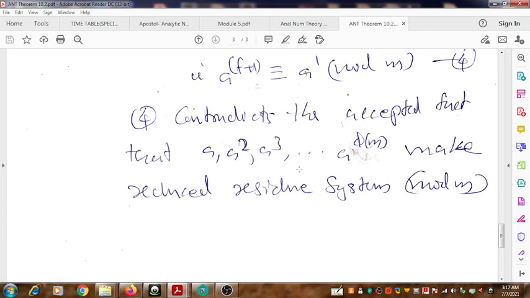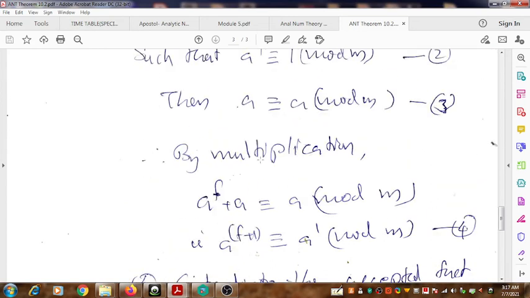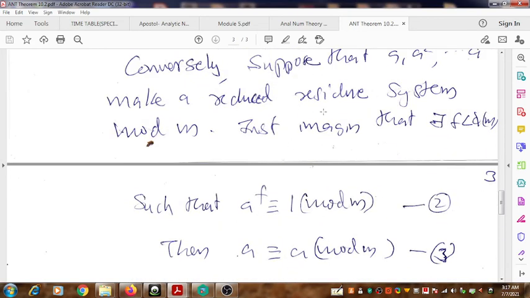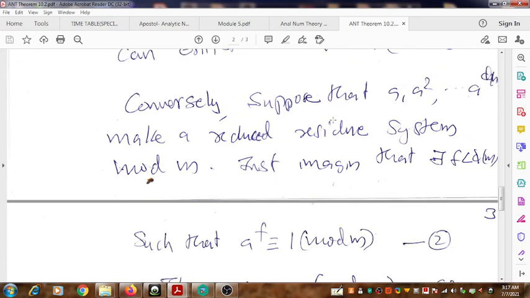That means our conclusion contradicts the accepted fact, which was actually proved. That accepted fact is that the numbers make a reduced residue system. So something that we have previously taken is wrong, and we have to correct that.